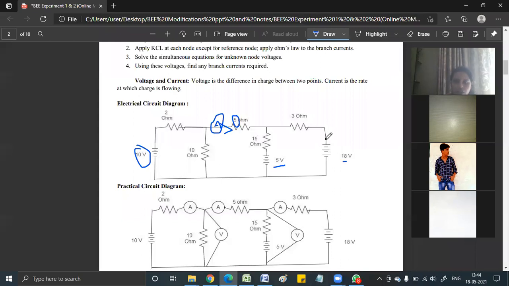What will we be doing to the 5-volt and 18-volt at that time? Short circuiting? Perfect. So we just connect a wire straight away like this, and this will be short circuited, and you have a circuit like this with only 10 ohm, and you're going to find this current.